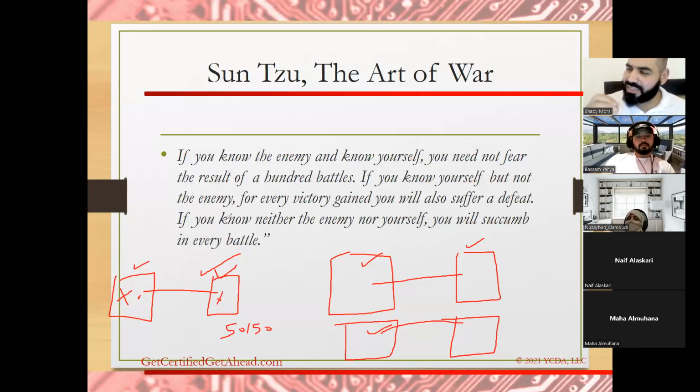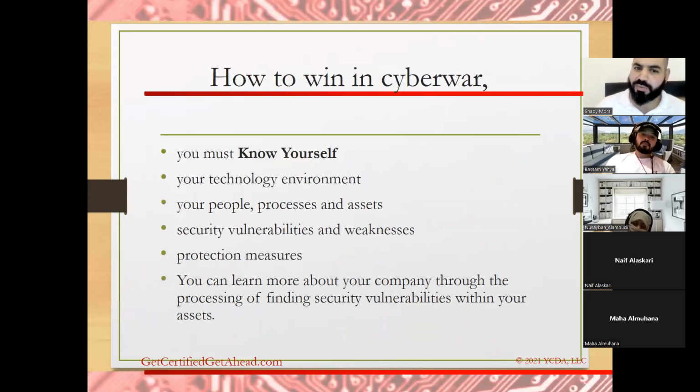First thing, when you get to any new job, okay, look, the next page will tell you. The first point: you must know yourself. You must understand what technology you use within your organization. You must understand what the infrastructure is.